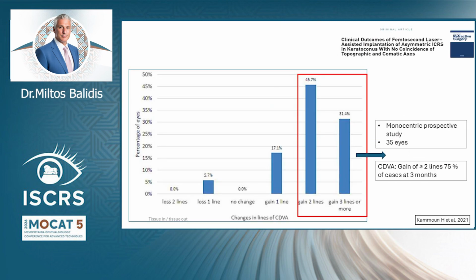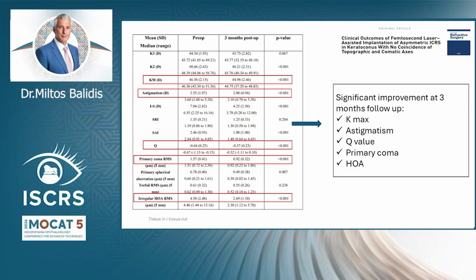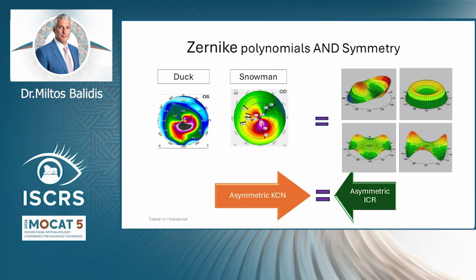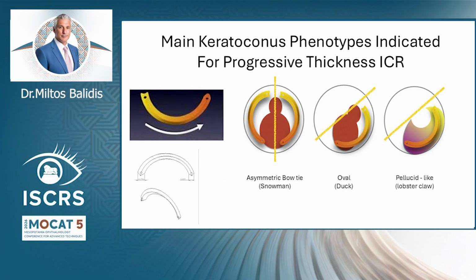And also, we can use different morphological types in keratoconic patients. Basically, if the Zernike polynomials, or let's say the shape of the cone, is more symmetric, then you use a symmetric ring. If the shape is asymmetric, then it's better to use an asymmetric ring.